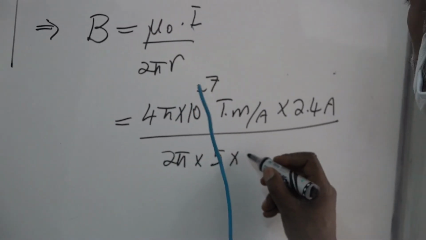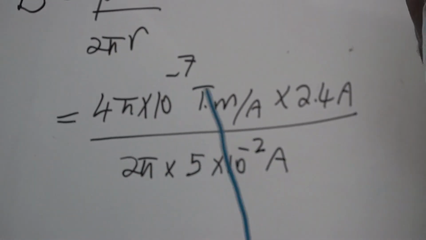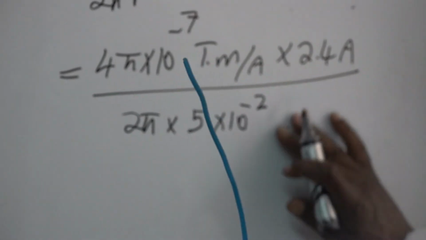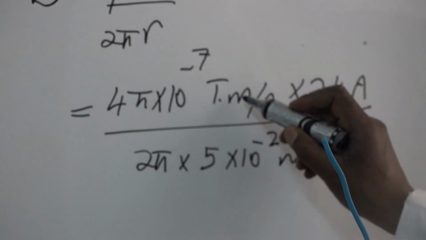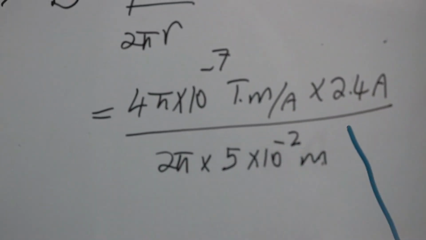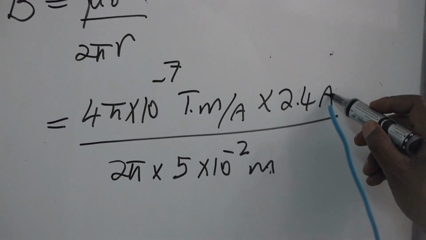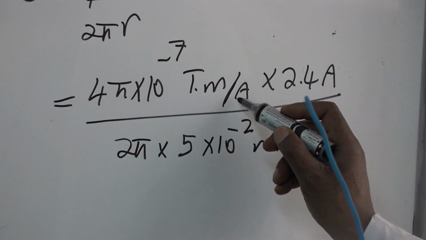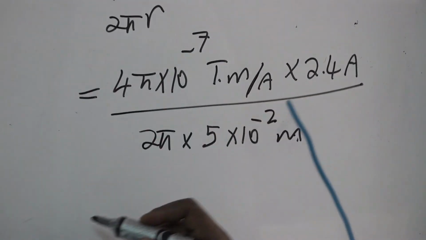You have studied prefixes by heart, so you get 10 to the power of minus 2 meter. So you can see here, meter in the numerator, meter in the denominator will cancel out. Ampere here at the top and ampere here under the dividing line, the two also cancel. There remains only T, Tesla.